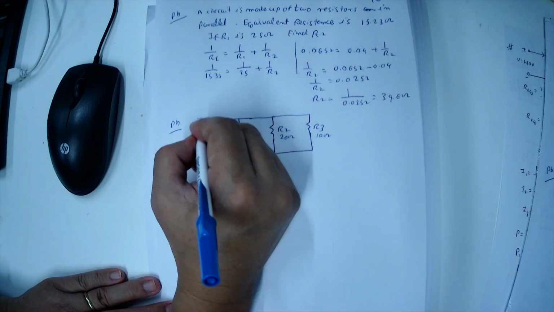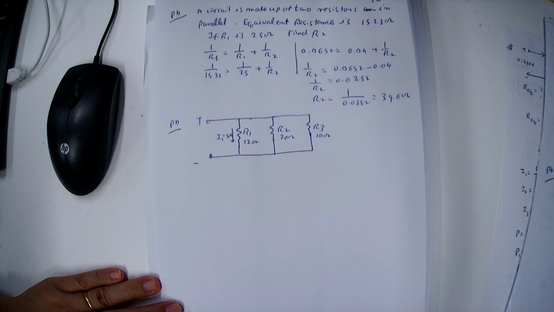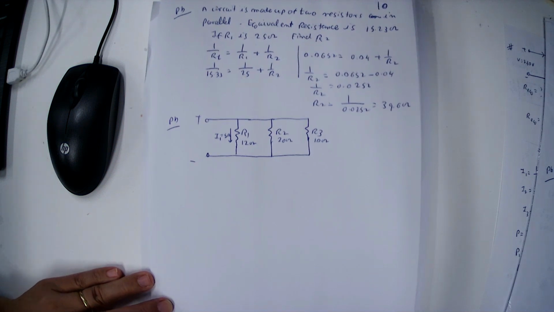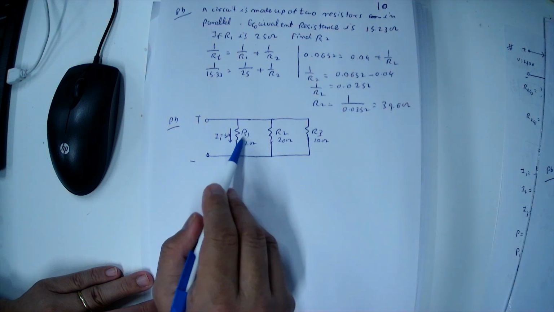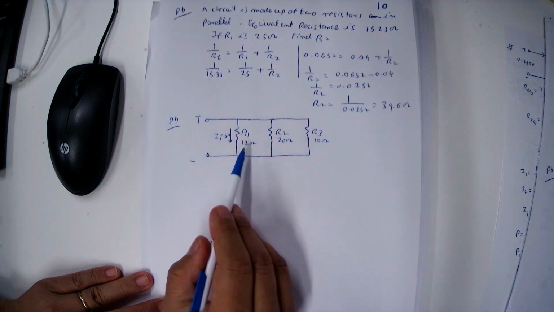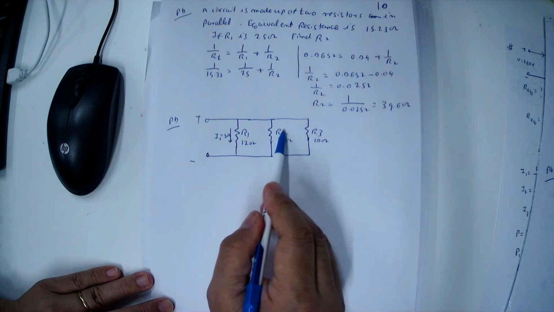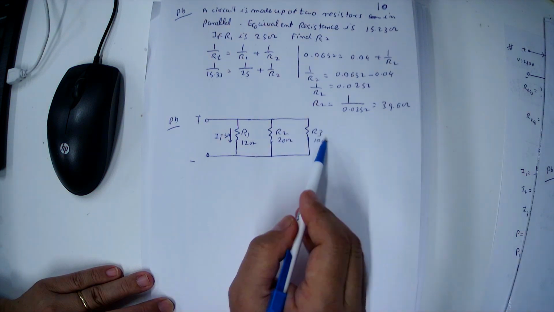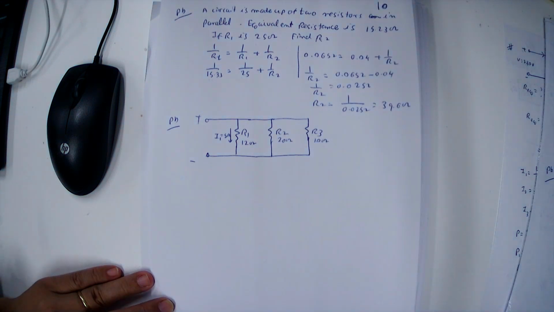So there are three resistors, R1, R2, R3, connected in parallel. The current in R1 is 5 ampere, R1 is 12 ohm, R2 is 20 ohm, and R3 is 10 ohm. They are given.